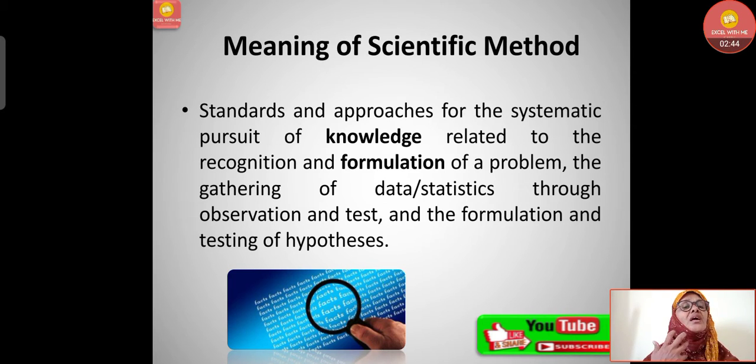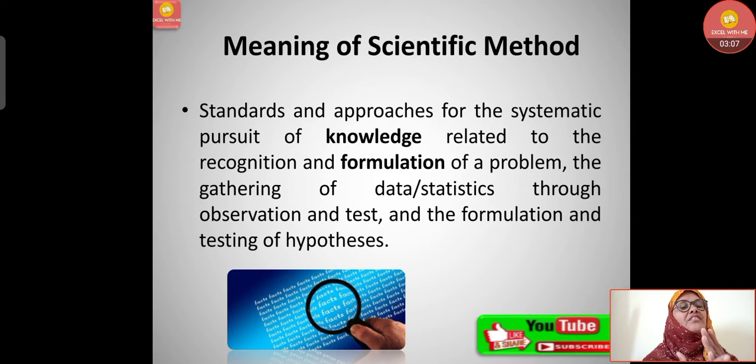So basically, what is the scientific method? It's a systematic approach to find out knowledge related to any problem. First is the formation of the problem, finding what the problem is here. Then gathering all the data related to the problem.